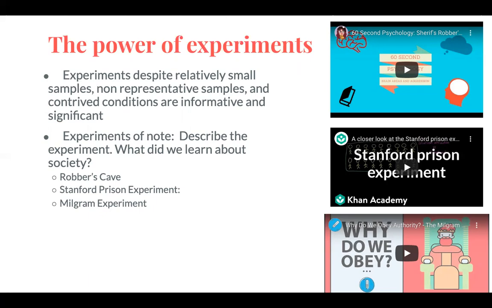Sociology is a little more interested in how things play out in the real world, versus psychology, which is more interested in human behavior and cognitions, things happening inside people's heads more so than what is happening around them. Sociologists do not use this design nearly as much.